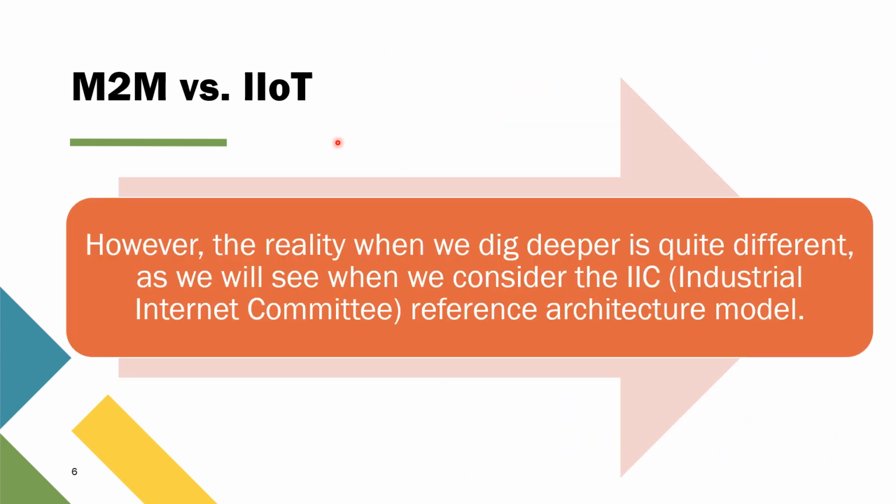Although we can see that M2M is connected to the internet and then created into IIoT, the reality, if we go deeper, is quite different. There is the IIC, the Industrial Internet Committee, that created the reference architecture model for the industrial.